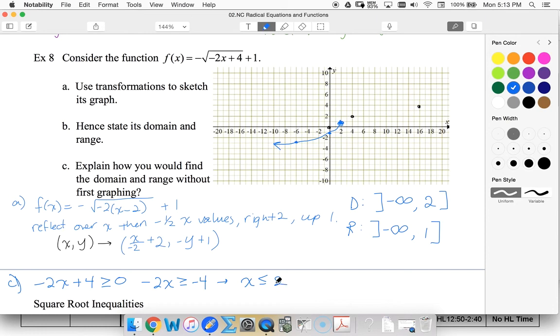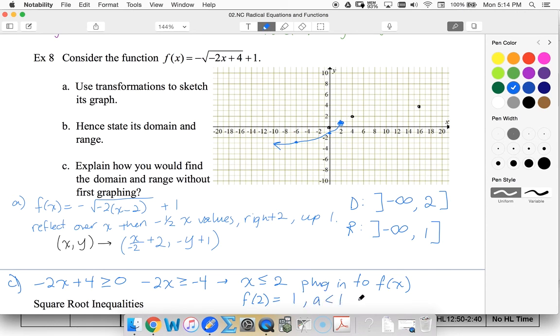Then I would plug this in to find my y value. So f of 2 is going to give me 0 plus 1, which is 1. And if I wanted to, I could test another value to know which way it's going. I know it's going down, so that this implies the max because I have my a value.